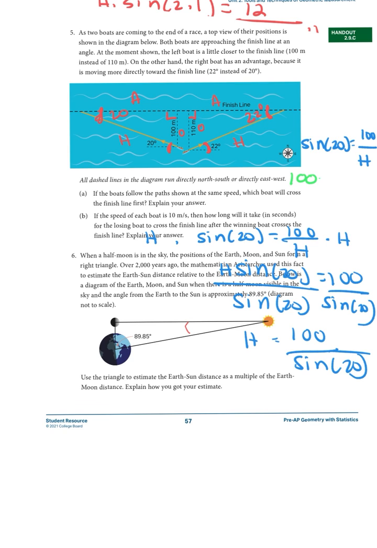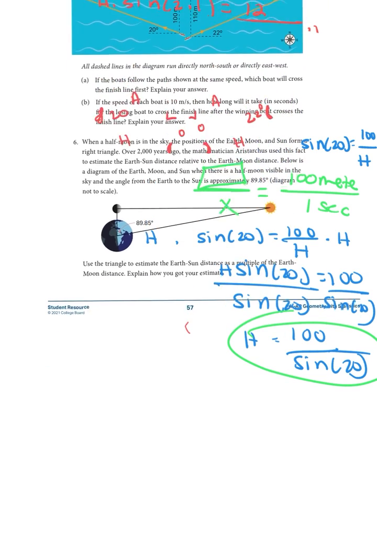You're going to have 100 meters per 1 second is equal to whatever number you got from doing this over x, and then you multiply across and you divide by 100. Okay, so that's how you're going to do that one. If that doesn't make sense, let me know and I can guide you better in person.